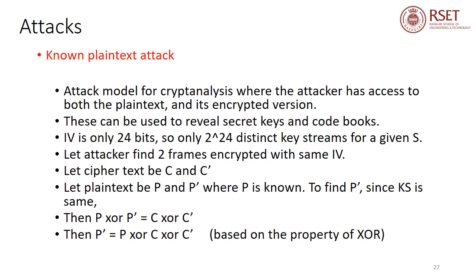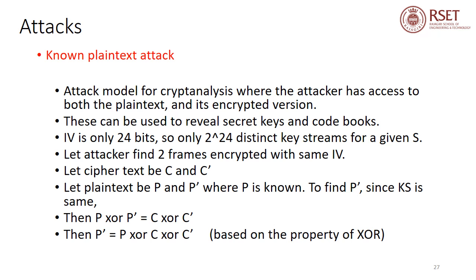And also assume that the ciphertexts present in these two frames are C and C dash and the plain texts be P and P dash, where one of the plain text is known. This is what is known as known plain text attack. If this is the scenario, I can very easily find out the other plain text value P dash because the key stream is the same. It will work based on the simple property of XOR.